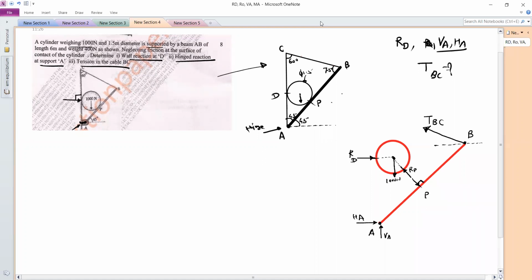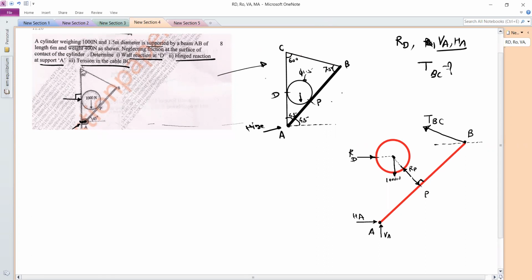Let's check the calculation. The 75 degree is the angle of BC with the AB.